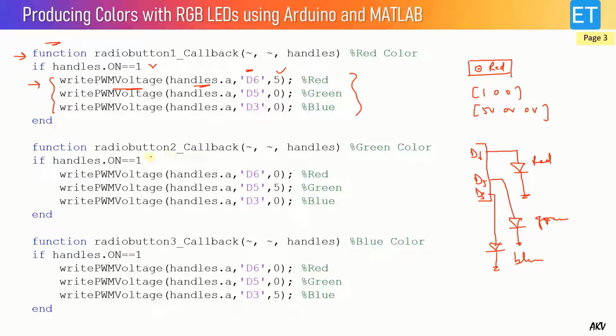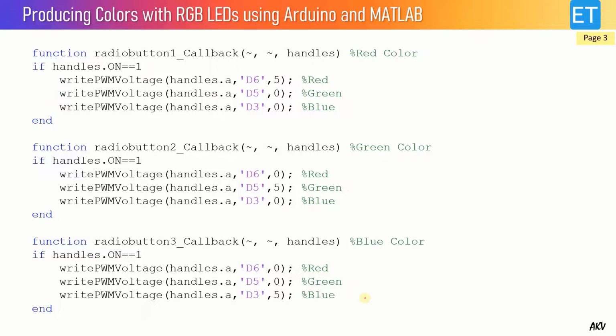And if the second radio button is clicked, this function is executed where we select the green. So here you can see that the red is off, I mean 0, blue is off, and only green is on. So obviously the green color will be there. And if the third radio button is selected, which is for blue, you can see that 0 0 5 means red is off, green is off, only blue is there.